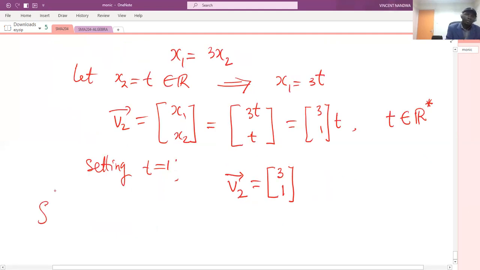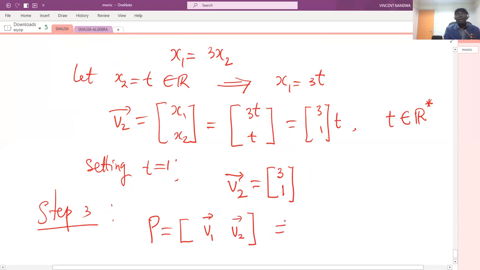Step 3 is to find this matrix P, which is formed by the eigenvectors you obtain in step 2. The columns of P are the eigenvectors.